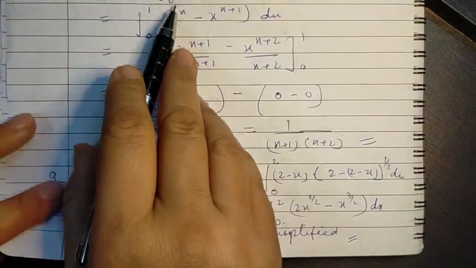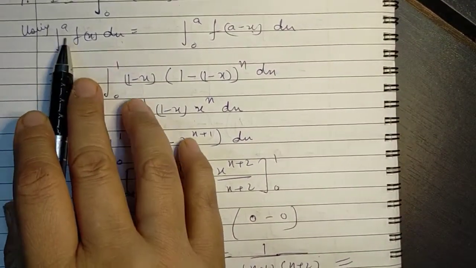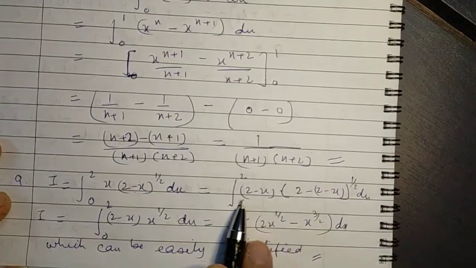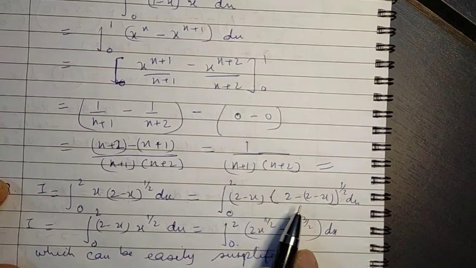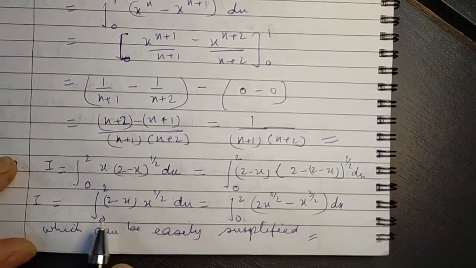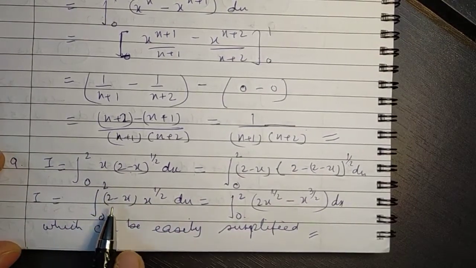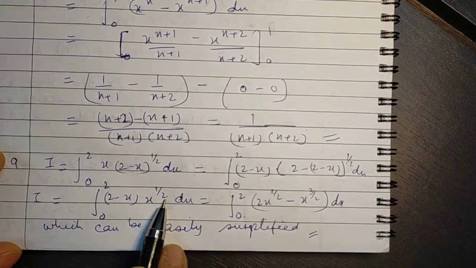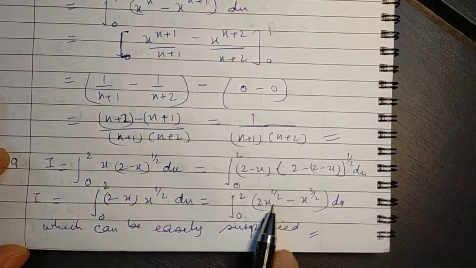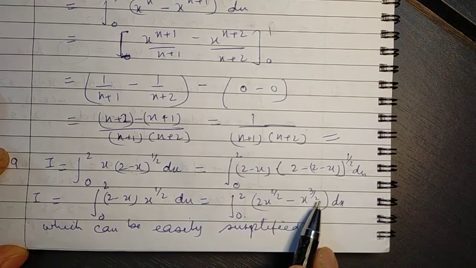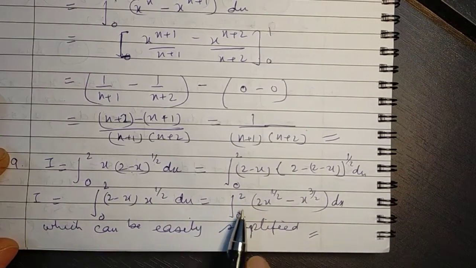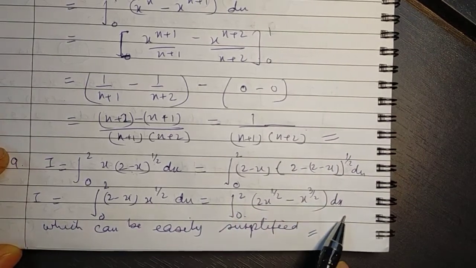So using the same property as above, that is integral 0 to a f(x) dx is equal to integral 0 to a f(a minus x) dx, we get integral 0 to 2 of (2 minus x) times (2 minus (2 minus x)) raised to power half. 2 and 2 get cancelled and we get integral 0 to 2 of (2 minus x) into x raised to power half, which can be easily opened by distributive law. We get 2 times x raised to power half minus x raised to power 3 by 2, which can be easily integrated, and we can apply the limits of integrals to get the result.